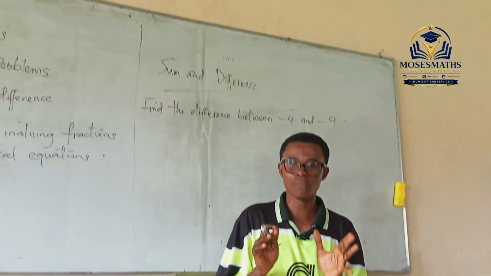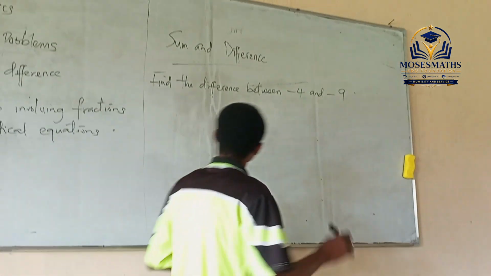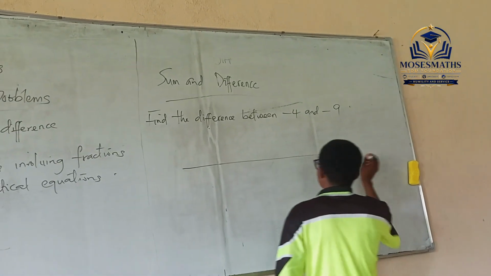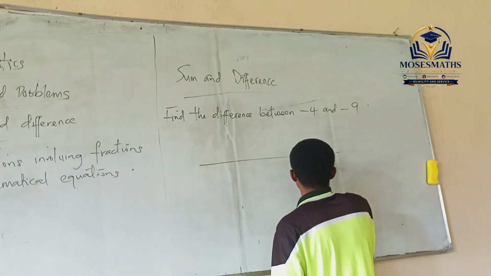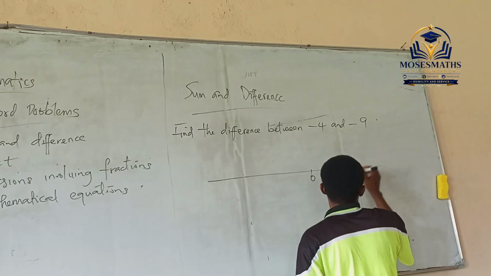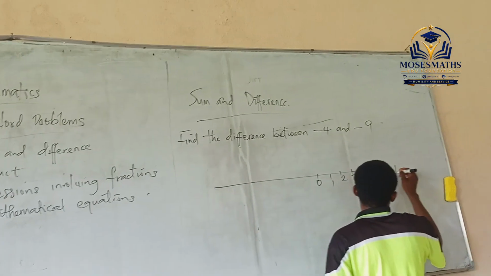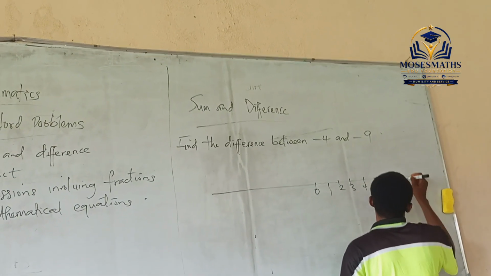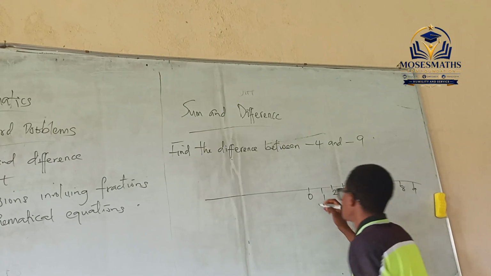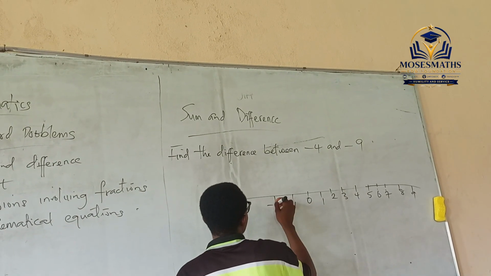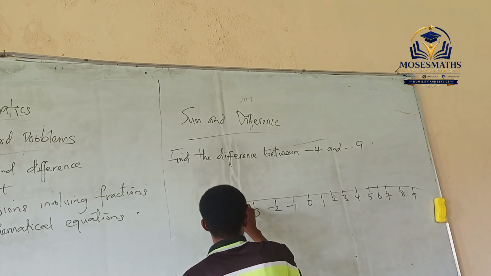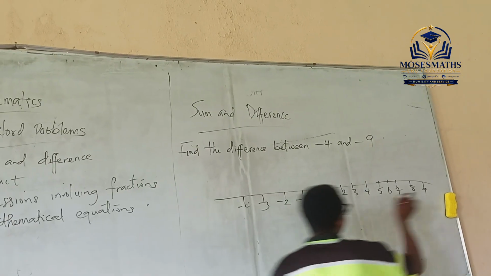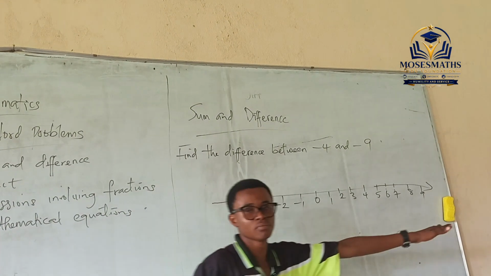you have to make use of our number line. You should know this. You must have come across it before. 0, 1, 2, 3, 4, 5, 6, 7, 8, 9. So this side is negative numbers. It's increasing like this.